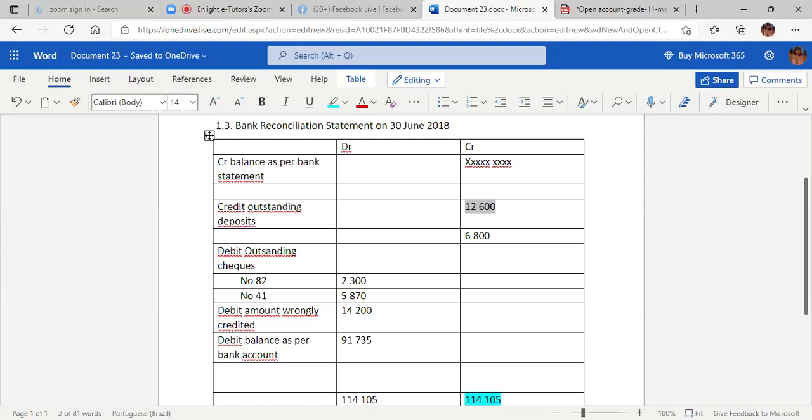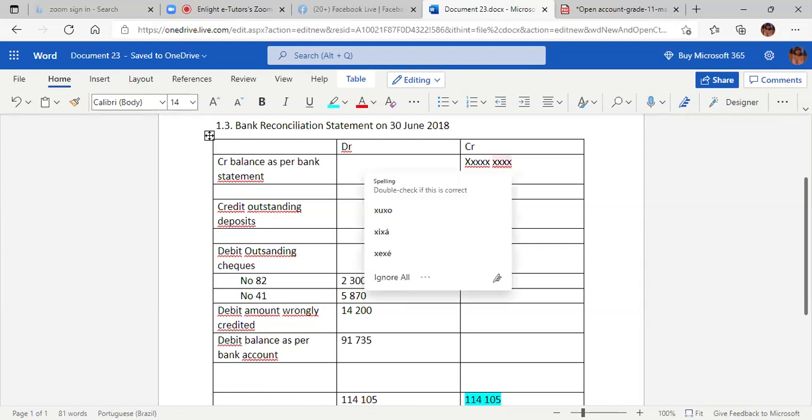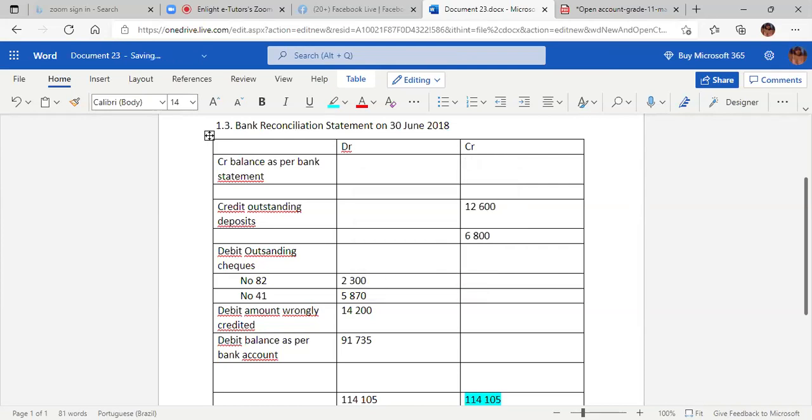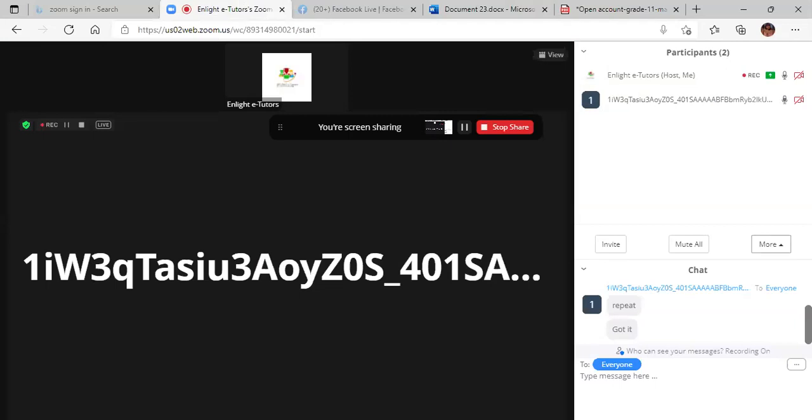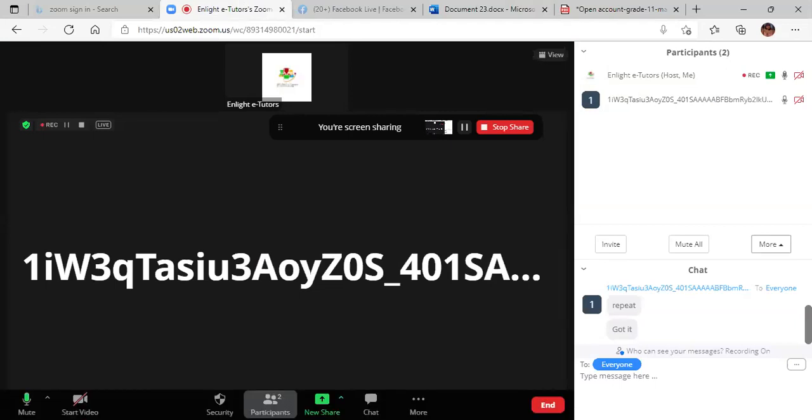Did you also get 94,705? Yes, the balancing figure. Did you get the same? Yes, I did. Good. And we are done with the bank reconciliation statement.